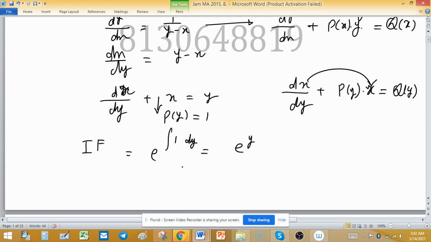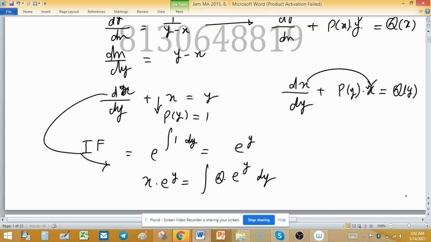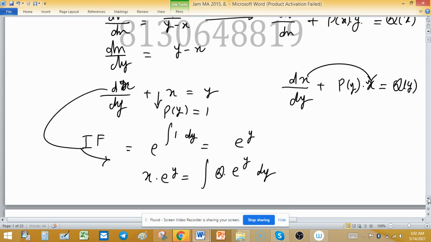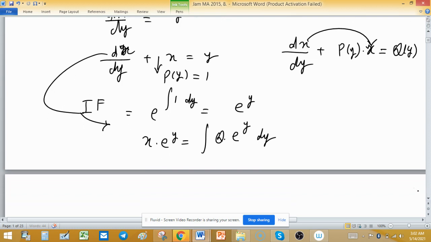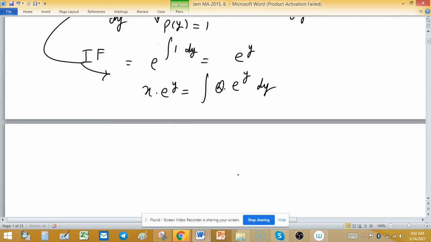Now we have to find the solution, because the dependent variable is x, so x into the integrating factor e raised to the power y equals the integration of Q times the integrating factor, that is y e raised to the power y dy. This will be the solution, and you can add a constant of integration also.